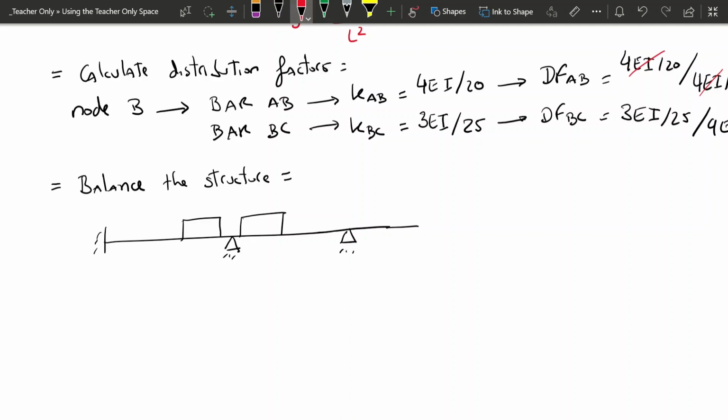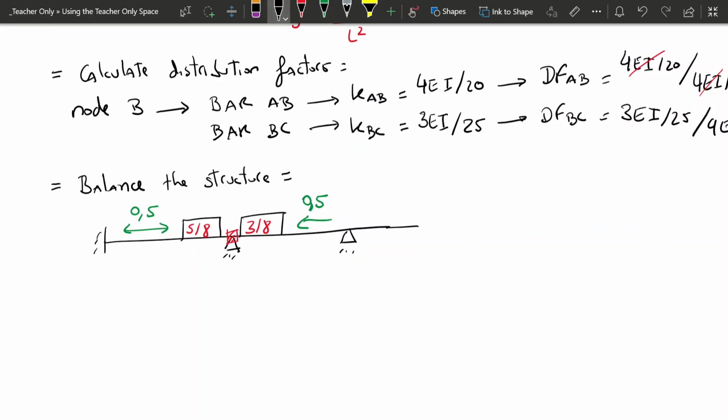We get 3 over 8 on the right side, and 5 over 8 on the left. Now the carryover factors: we know it's 0.5 between fixed supports, and remember that B is assumed to be fixed. Between the pin and the fixed, it only works in the direction of the fixed. So these are our carryover factors.